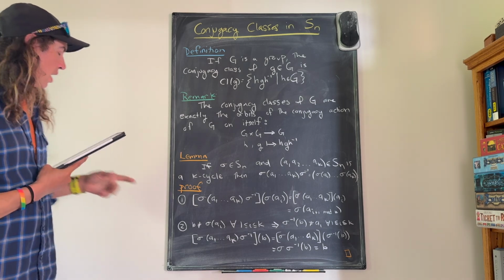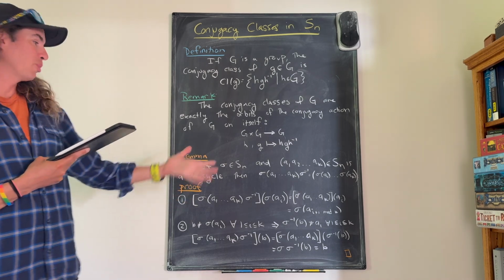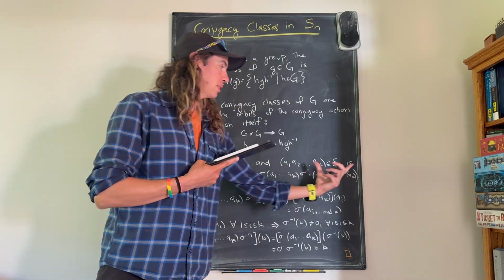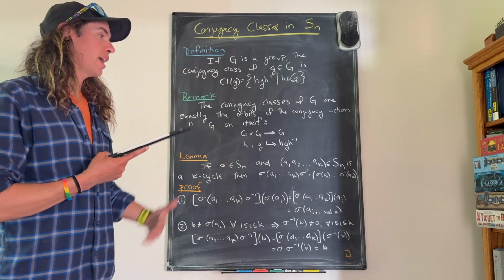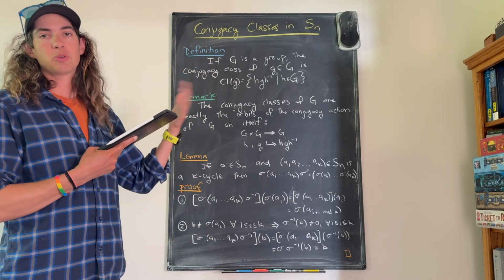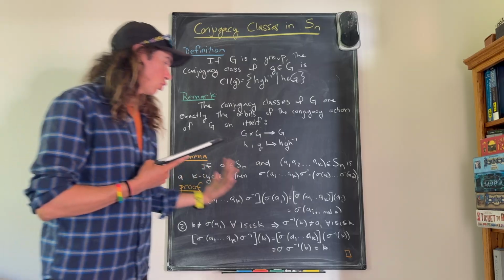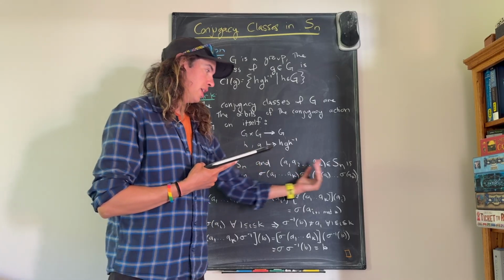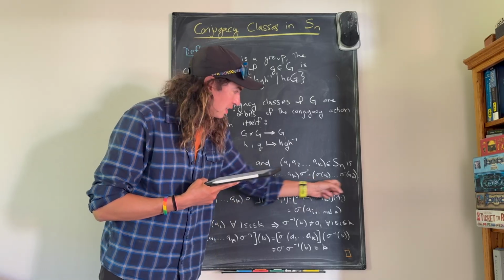Great. Okay, so here's the proof. If I want to show that these two permutations are the same, I just need to show that they do the same thing on all the numbers between 1 and n. So let's start with a number of the form sigma of ai. Some of the numbers between 1 and n are of the form sigma of ai, and it's exactly those numbers.